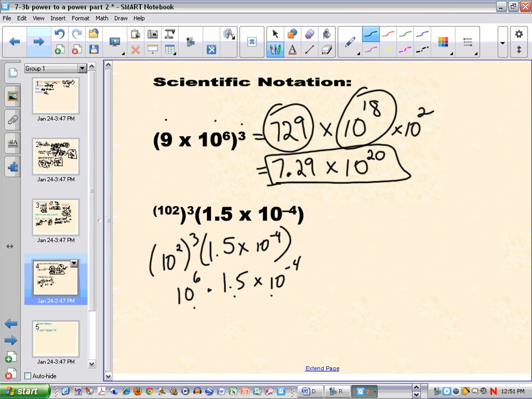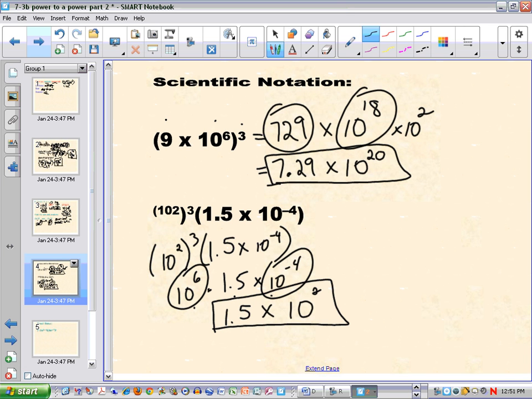Well, we really just have 3 chunks here because of the commutative property of multiplication. We can do them in any order. So we're going to combine our powers of 10. So we have 1.5 times 10 to the, well, we're multiplying with like bases, so keep the same base, add the exponents. 1.5 times 10 squared. And it's already scientific, so no need to compensate.